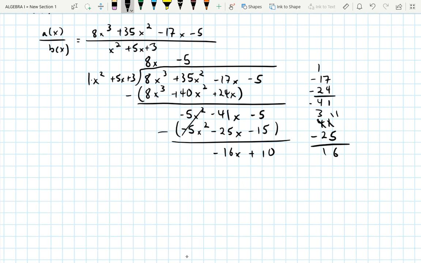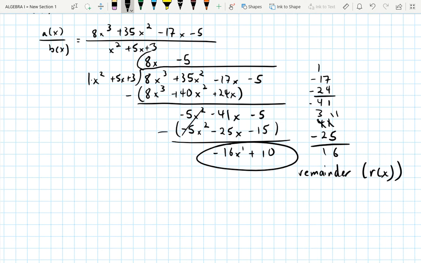Okay, so since this guy has a degree of 1, that degree is actually smaller than x squared. So in this case, this is my remainder, or my r of x. Up here, this guy is my q of x, the quotient, and this guy is my b of x, what I started to divide by.